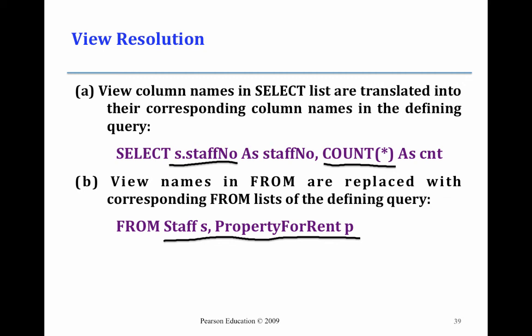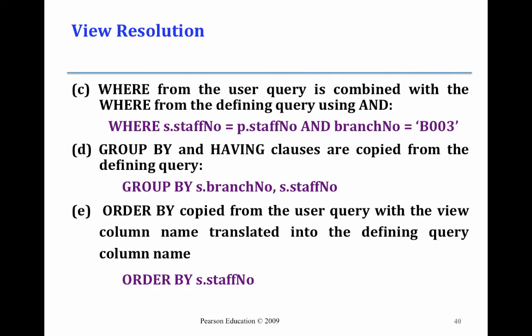So that's step 2. Then step 3 is to combine where clauses. We combine the where clause from the user query, which was to select all staff from branch B3, with the where clause that we used when we created the view.